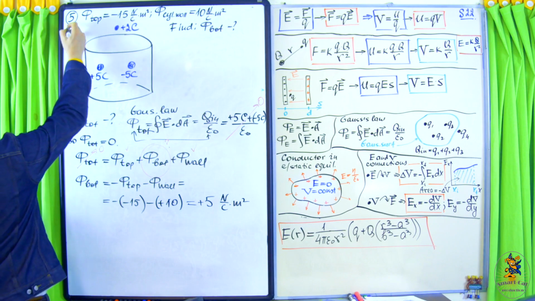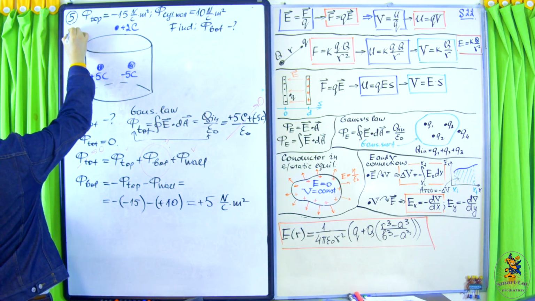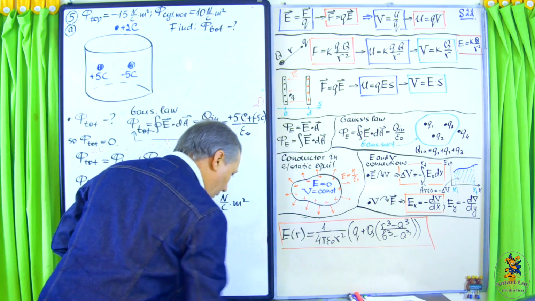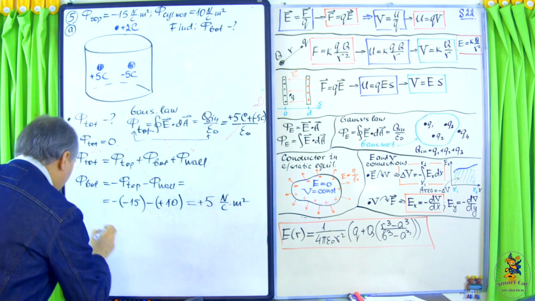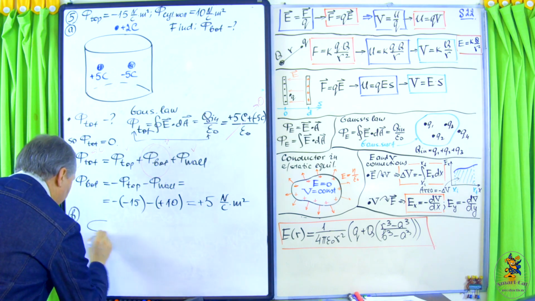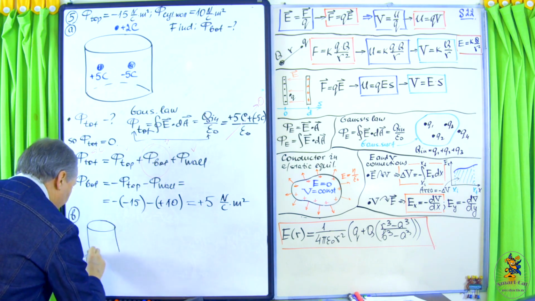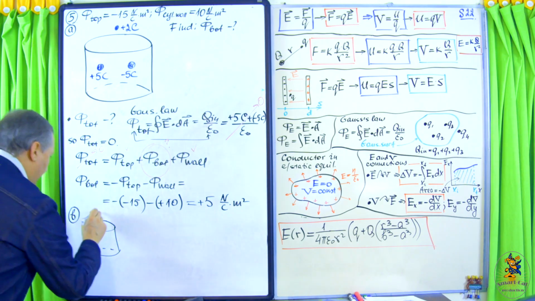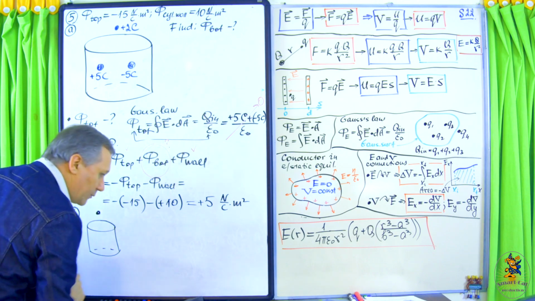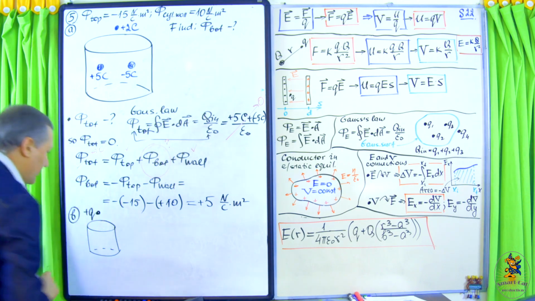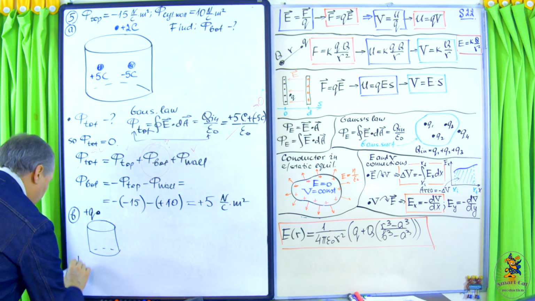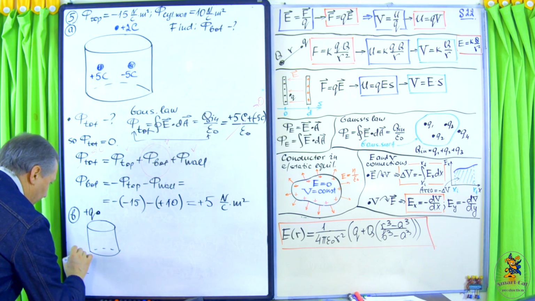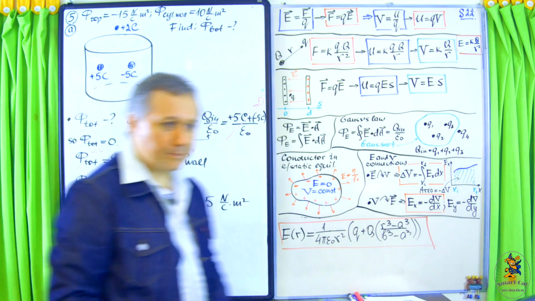Let's say this previous problem was question A, and then let's say question B. Let's assume that we have, again, some closed cylinder surface, and some charge outside, let's say plus Q. The question is, what's the electric flux through that cylinder?